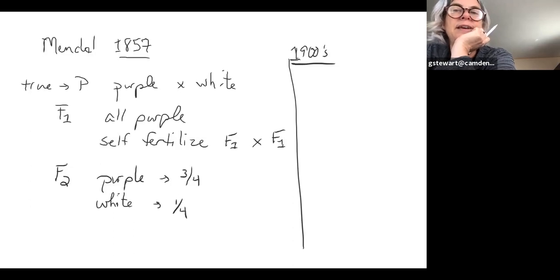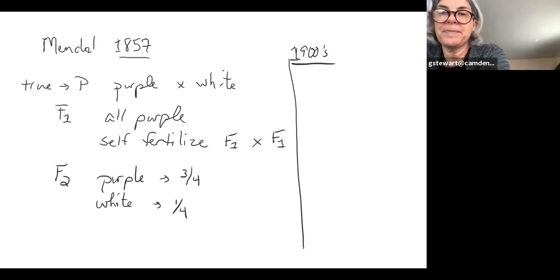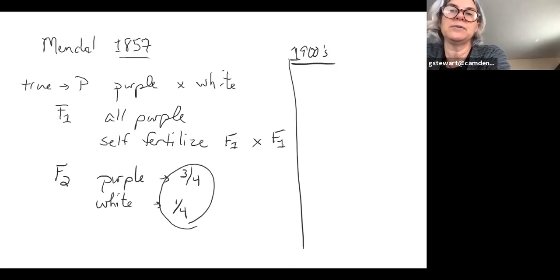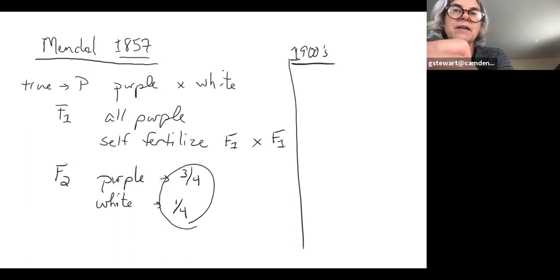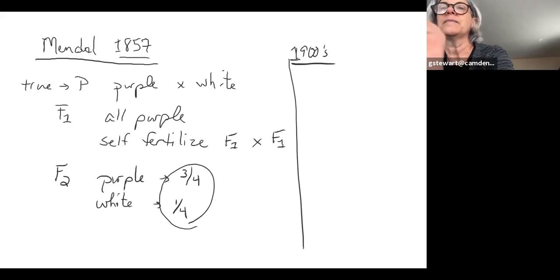And then, unfortunately, because he was using math, and so he was talking about ratios and percentages, and at this time, biology was still very much an observational science, and not much data, specific data, numerical data attached to it.